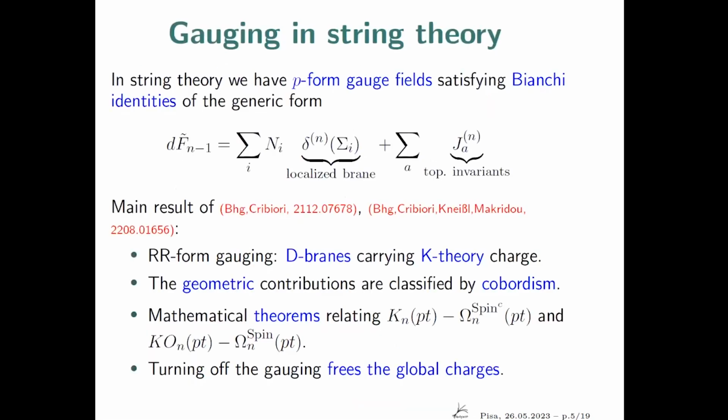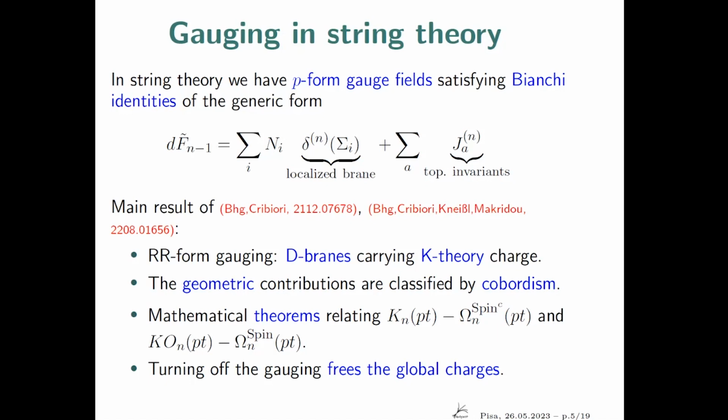So, but maybe to make it a bit more concrete, let's look at what it means in string theory, where we have many examples of that. But so far we didn't talk about cobordisms in that context. If you do the gauging, and this is now essentially the content of these two papers that appeared last year and the year before: we know in string theory many symmetries are gauged.